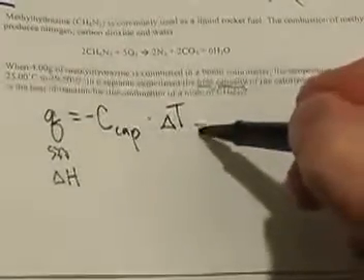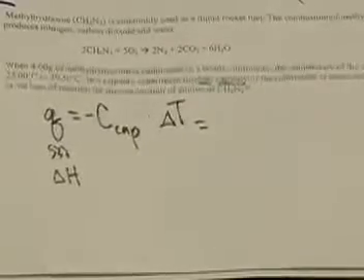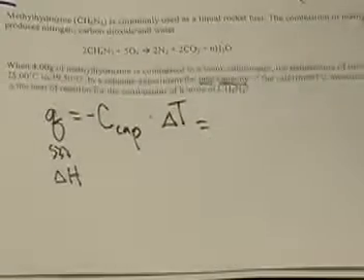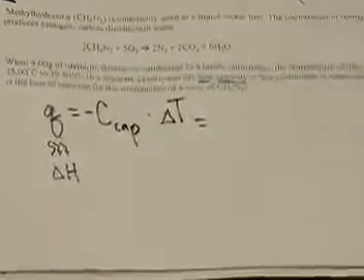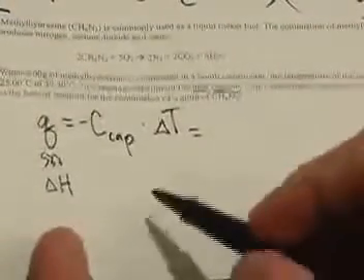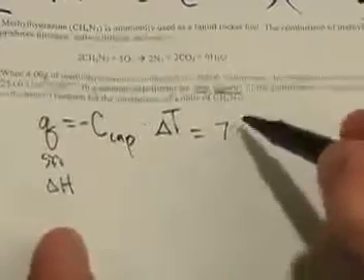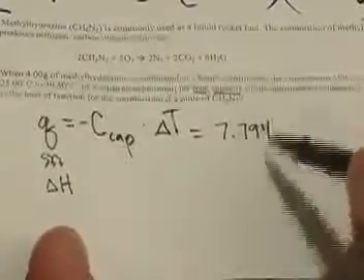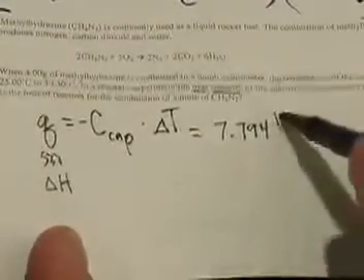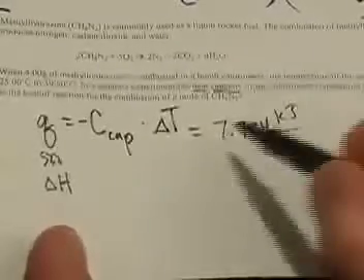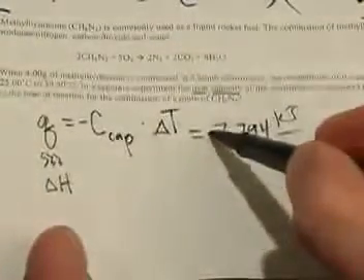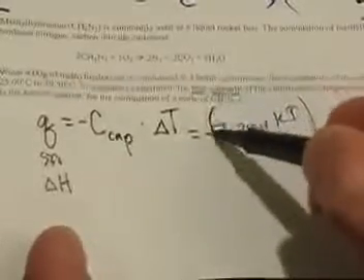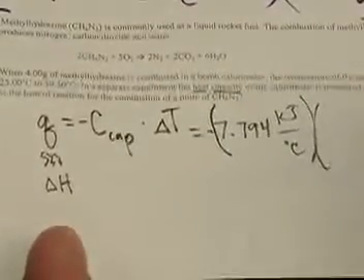So in this equation, we can take our heat capacity that was determined before, 7.794, and put that in for the heat capacity, and the units on that are kilojoules per degree Celsius, and don't forget I have a negative sign right here. Then I'm going to multiply that by the change in the temperature.